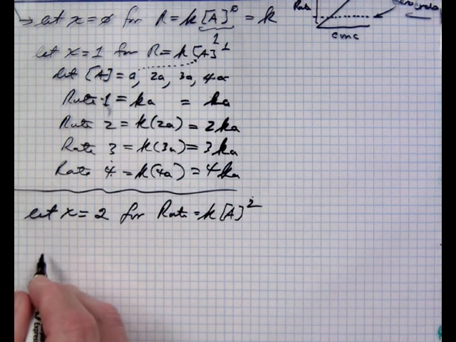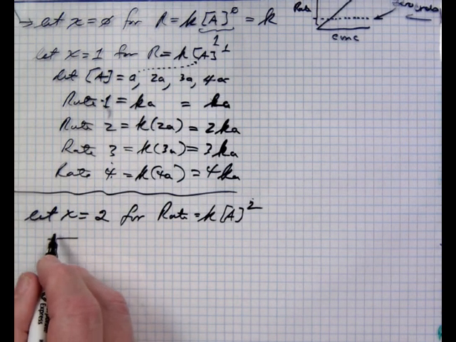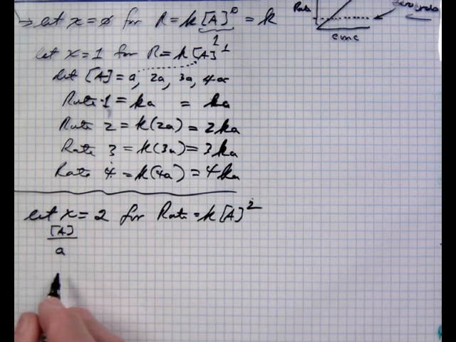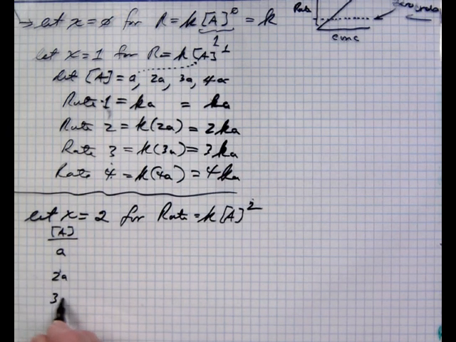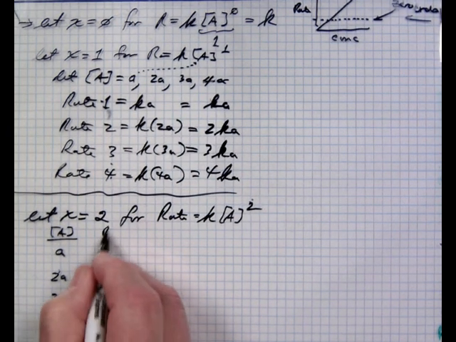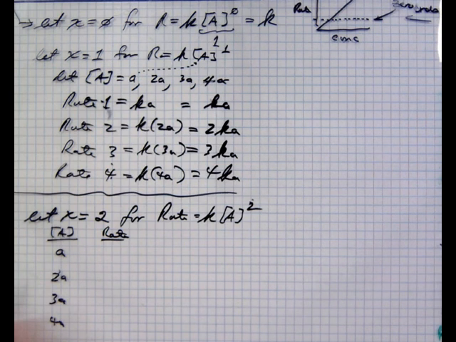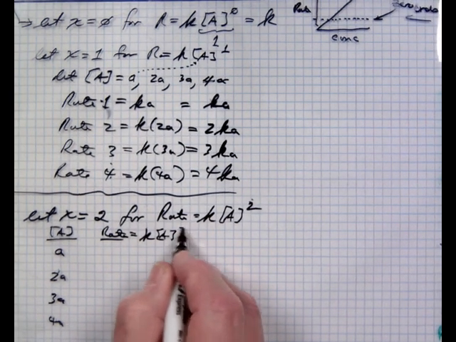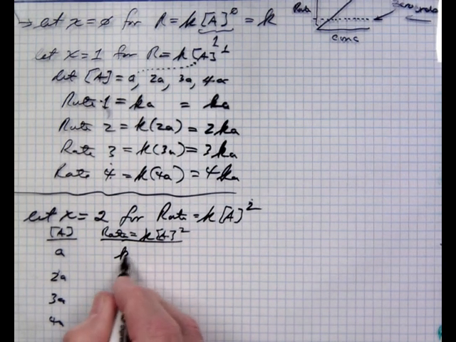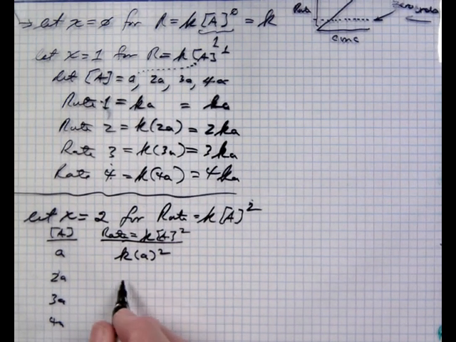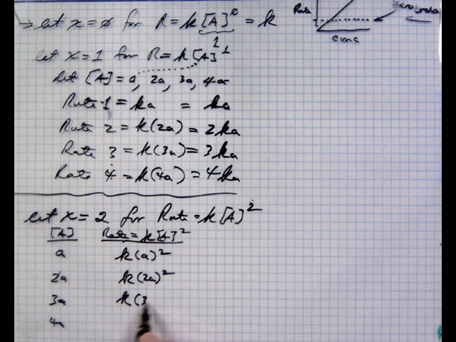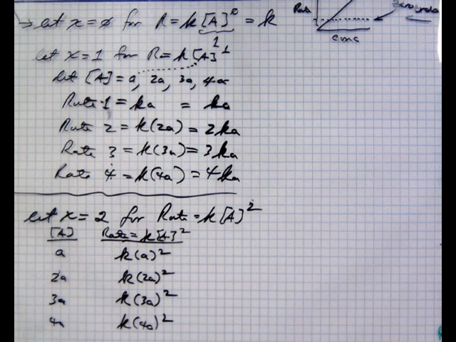I'm going to make a little table here: A, 2A, 3A, 4A, and then we want to look at the rate. So the rate is equal to K[A] raised to the second power. So we have K times A squared for that one, then K times 2A squared, K times 3A squared, and K times 4A squared.